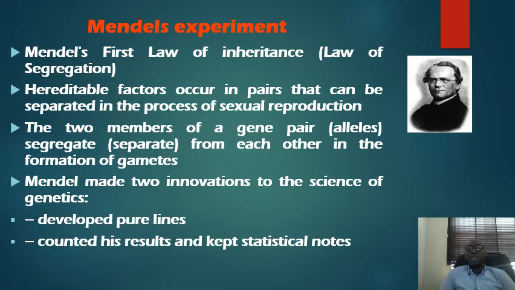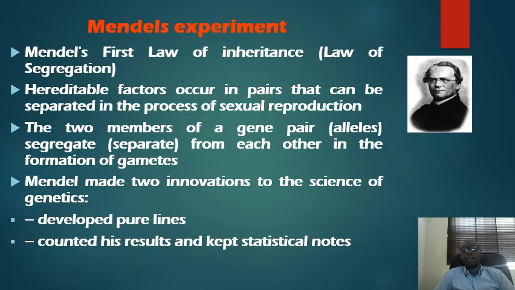And the two members of a gene pair, also known as alleles, segregate from each other in the formation of gametes. If you look at gametogenesis, the production of gametes, you have oogenesis and spermatogenesis. And during these stages of gamete formation, the diploid cell, after the second meiotic division, becomes haploid.